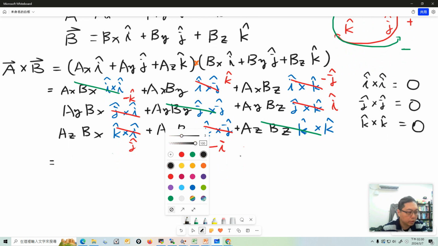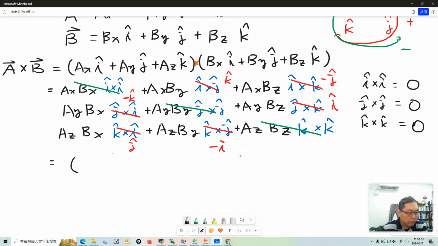So after all, what's the result of the cross product? We can just write the result. I split it, with I, and I intentionally put the minus J here, and the K here, plus. Let's collect the terms with I first. Where is I?